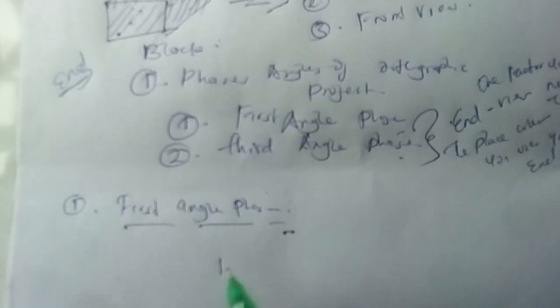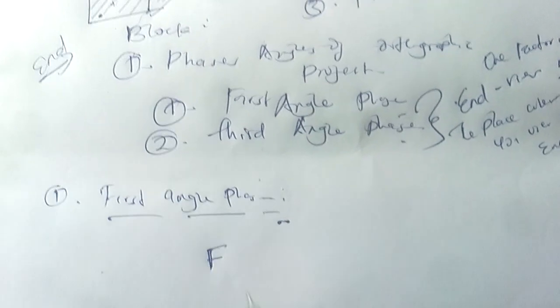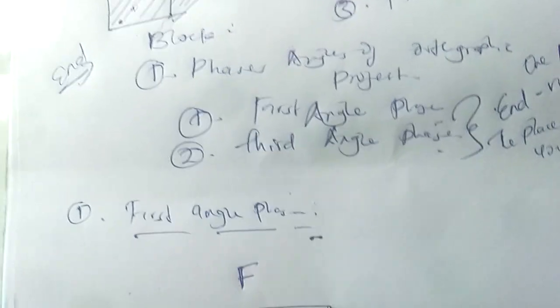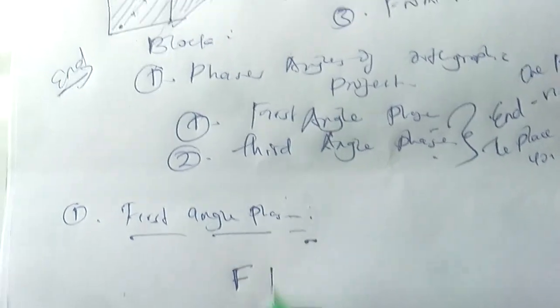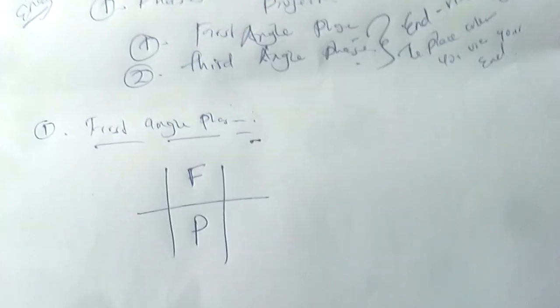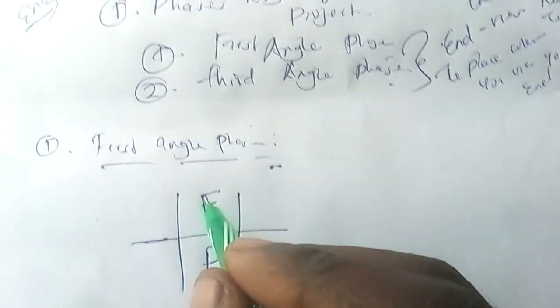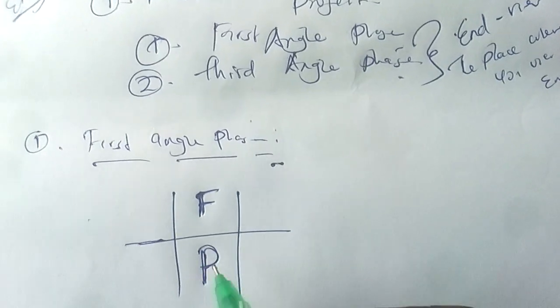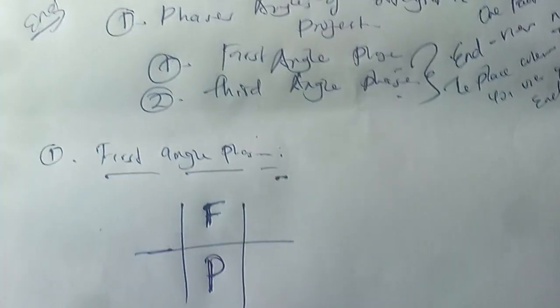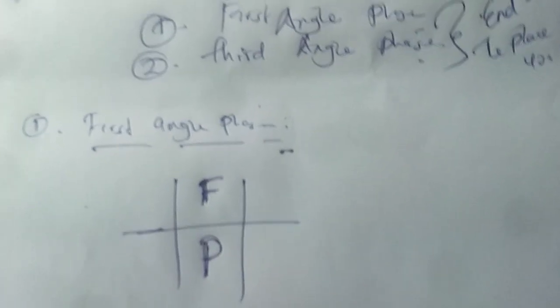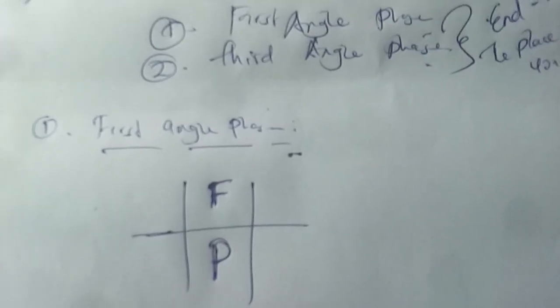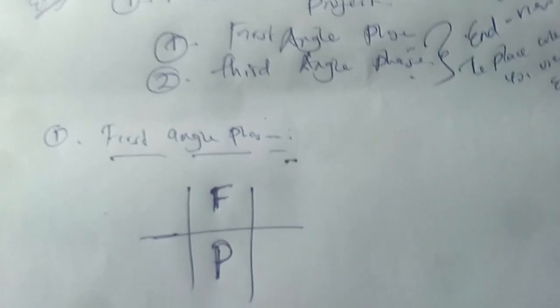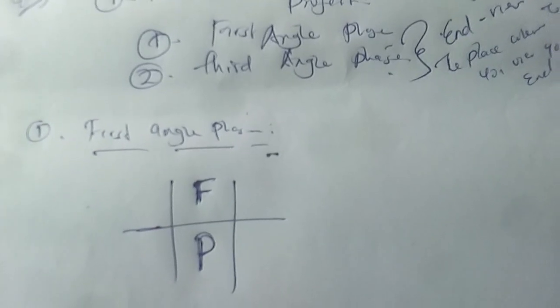The front will be on top, then the plan will be at the bottom. After putting your front on top and the plan below it, you ask yourself, where will my end view appear? Your end view will appear on the side opposite to where you viewed your end.